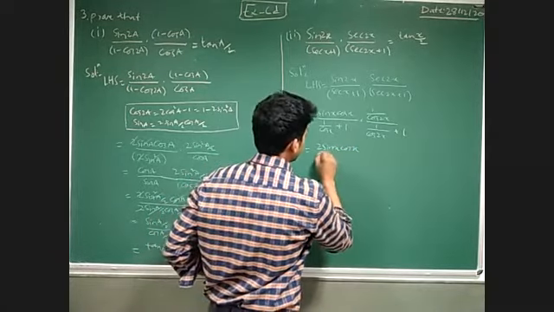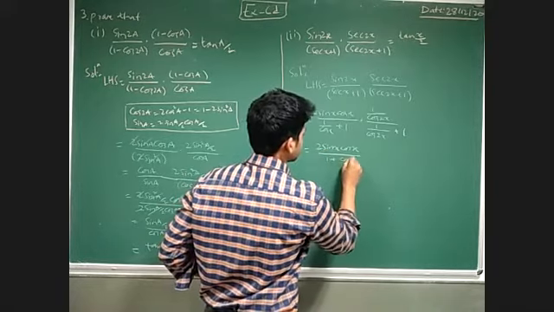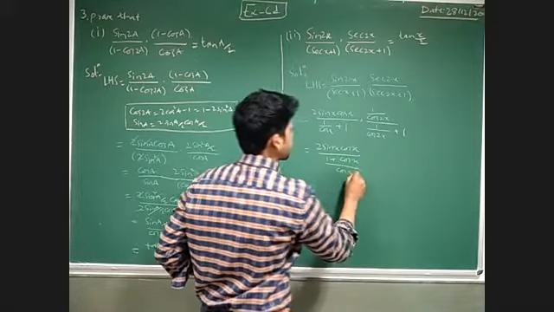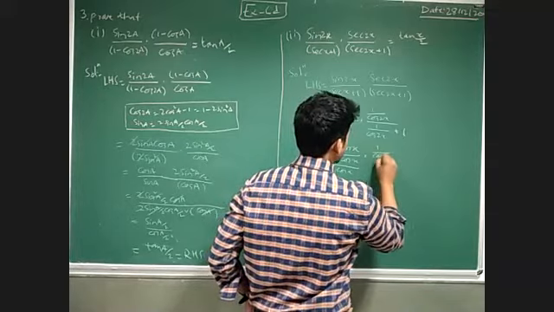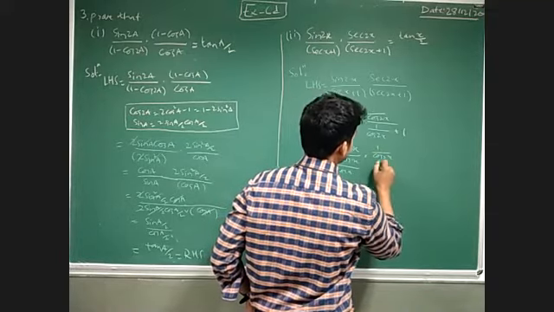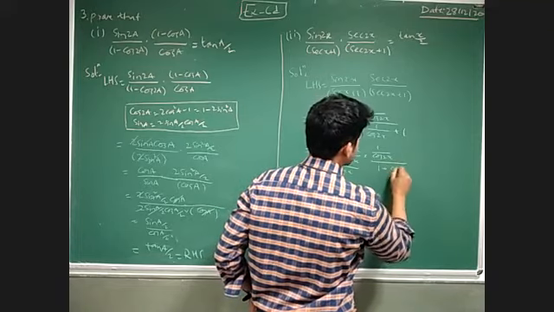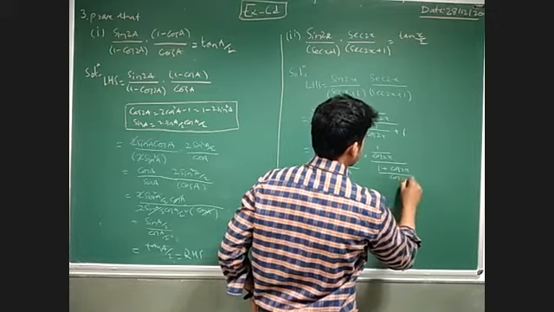Here I will have 1 plus cos x by cos x into 1 by cos 2x and 1 plus cos 2x by cos 2x.